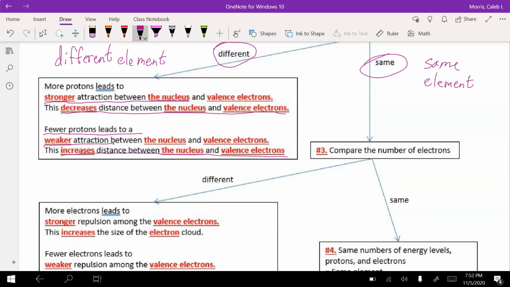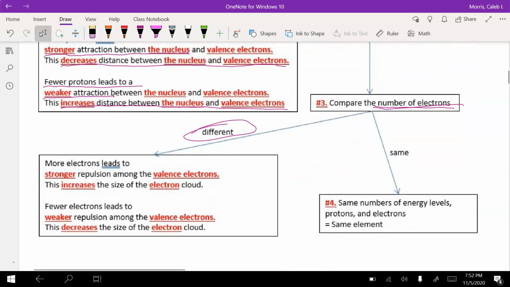So number 3, the last thing we could maybe compare is the number of electrons. You only use this if it's the same number of protons, so it's the same element, and the same energy level. That's the only time we're going to use this logic comparing the number of electrons. If the number of electrons is different, and that's the only thing that's different, more electrons lead to stronger repulsion among the valence electrons.